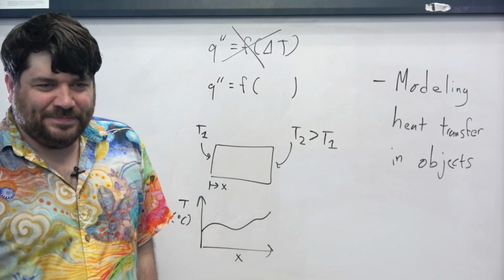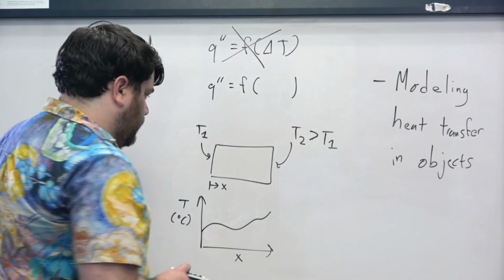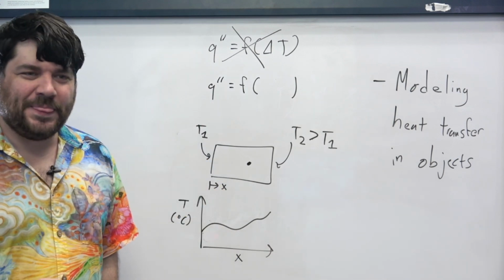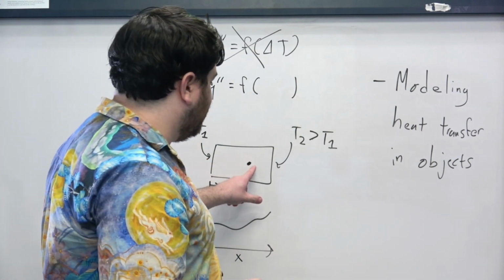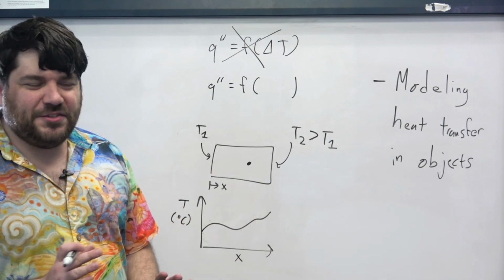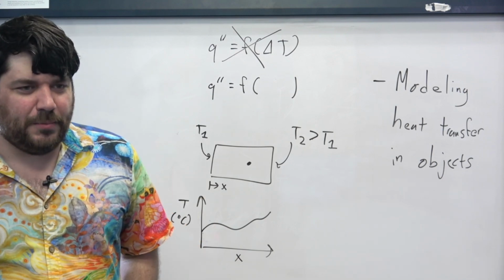That's better. And so we may ask ourselves something like, what's happening at this point right over here? What is the heat flux that is located at this point? And we're not going to care about other dimensions in space. We're only going to care about x for now, just to make it easier on our brains.